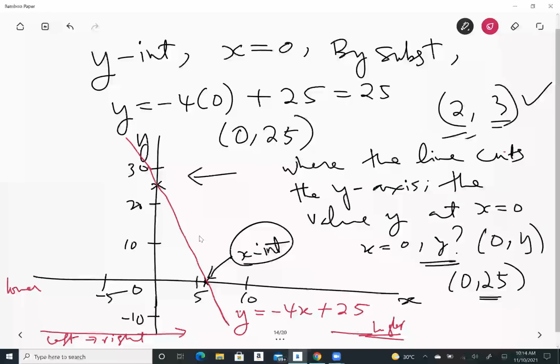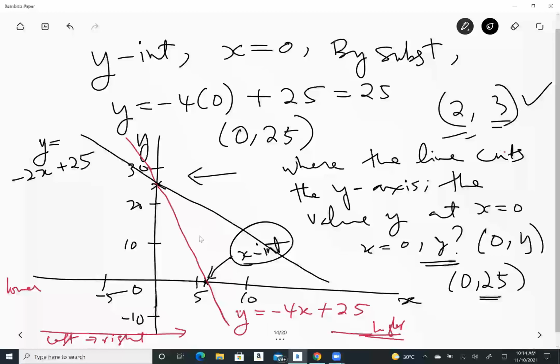But in terms of steepness, if I draw another line here, with the intercept somewhere, y equal to, say, negative 2x plus 25.